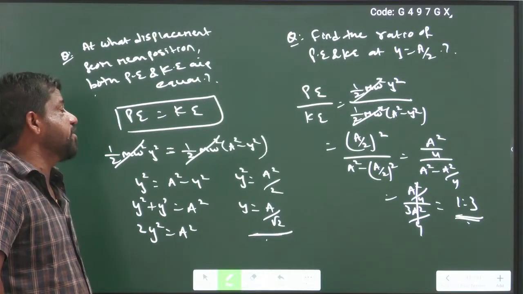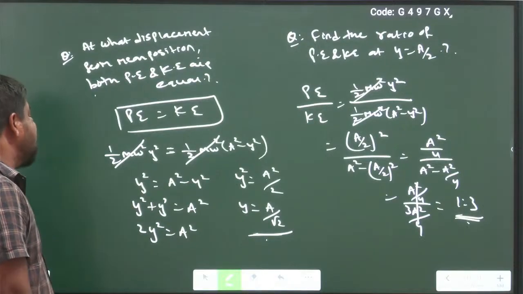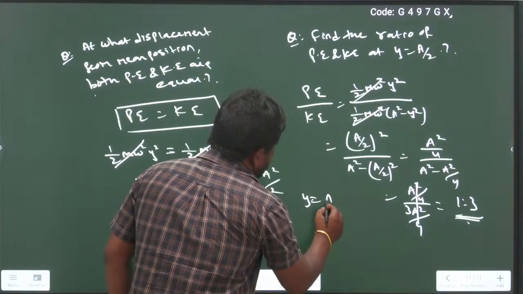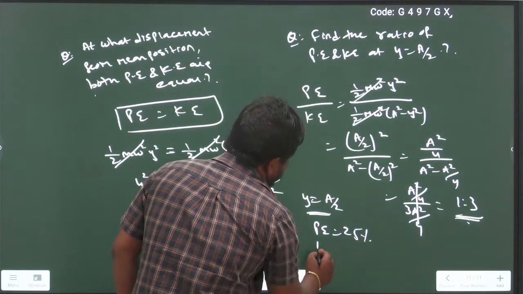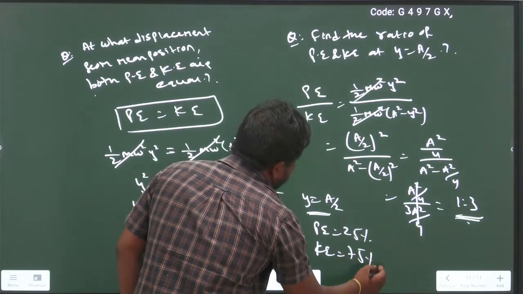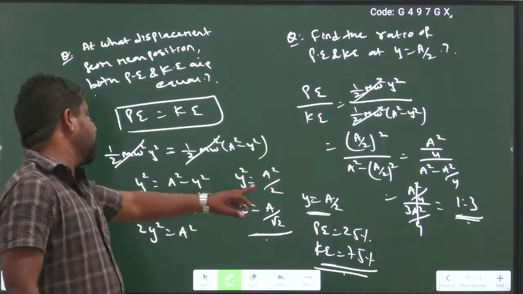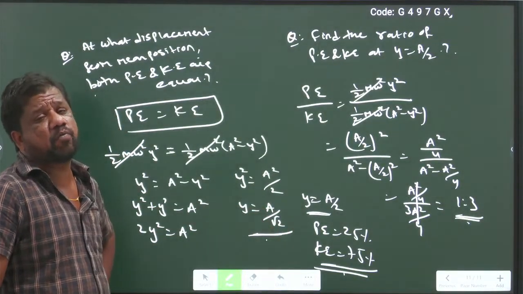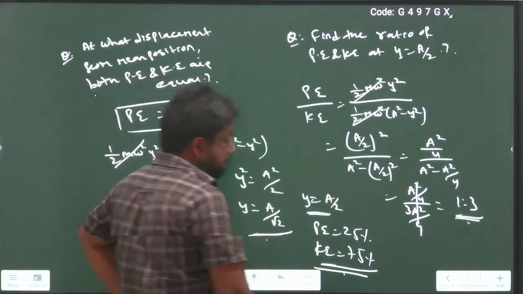Sometimes they will be asking potential energy to total energy also. 1/4. Means at half of the amplitude, I can write potential energy is 25%, kinetic energy is equal to 75%. Like this also the questions will be framed. So at half of the amplitude, potential energy will be 25%, kinetic energy will be equal to what? 75%. Right?